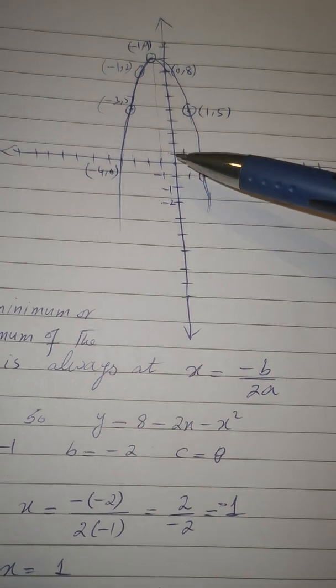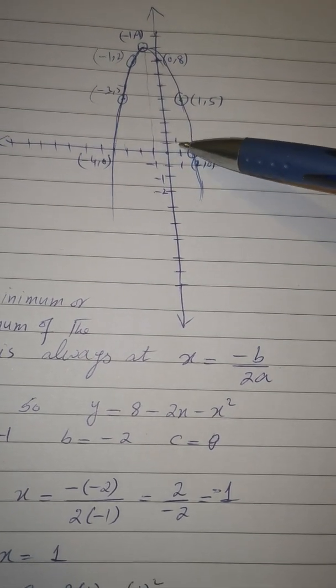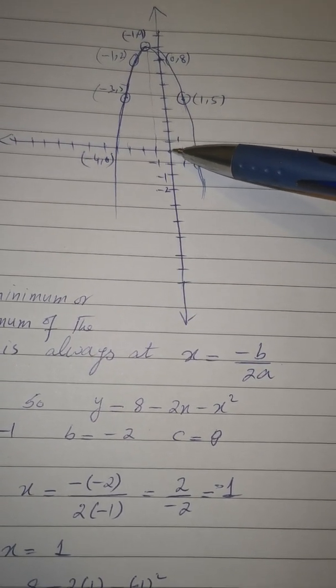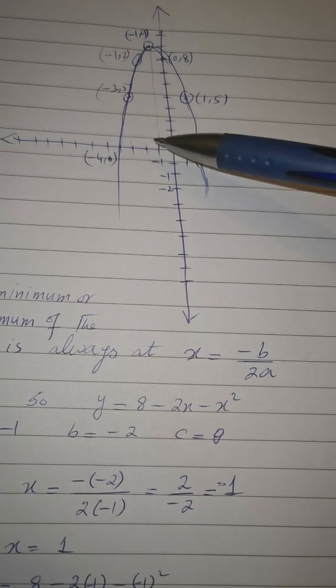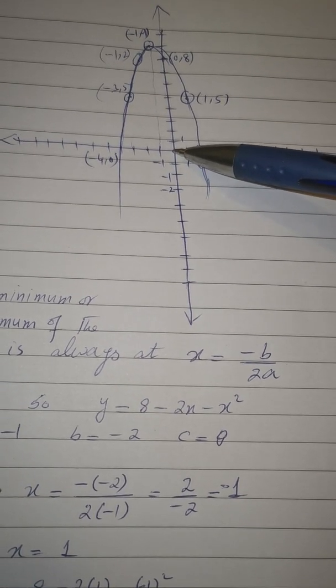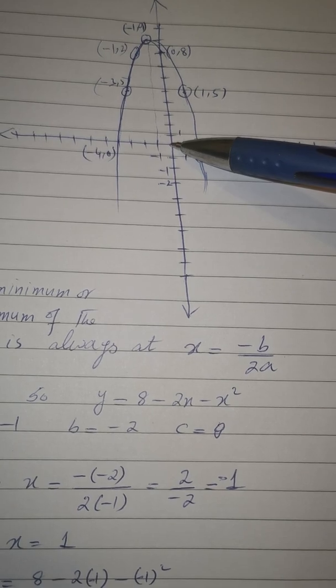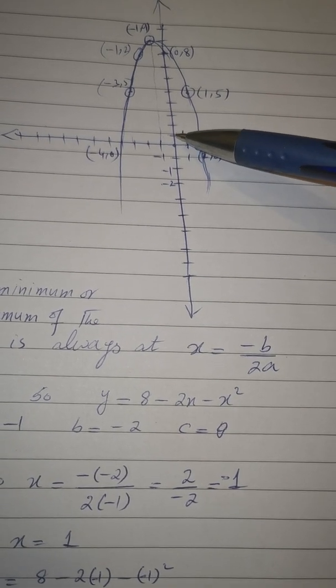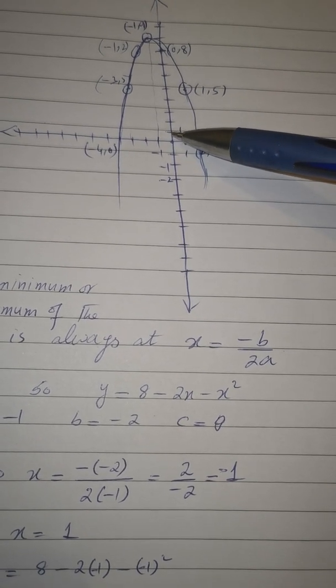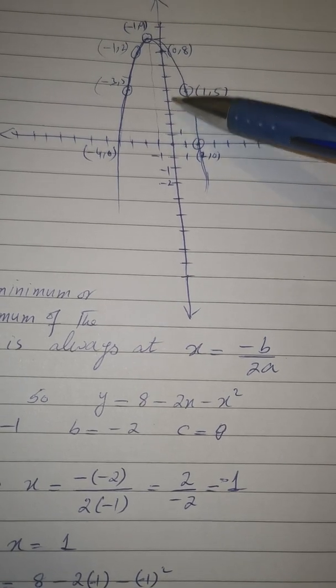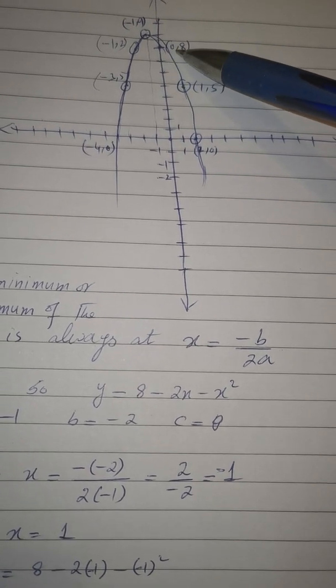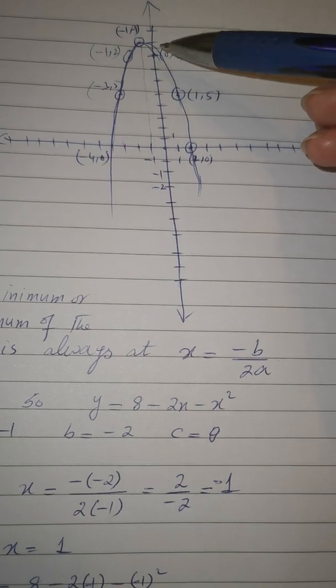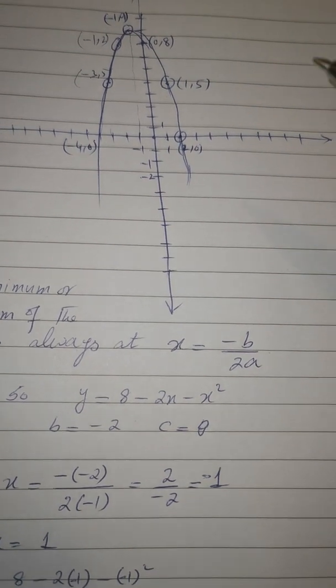For (0, 8), it means on the x-axis you will not go anywhere. Here it is 0 and you will go up 8, so I will go 8 steps above the line. So this is the point (0, 8), and you will circle this point.